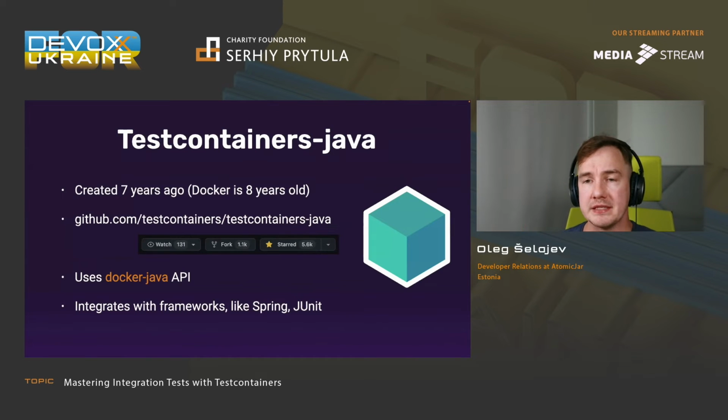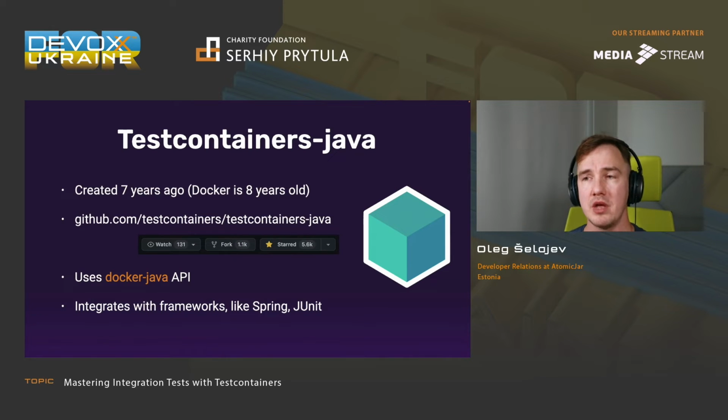Testcontainers Java is a very, very mature project. It was created 7 years ago. And if that doesn't sound like ages ago in Java years, well, how old is Java? 26, 27 maybe years old now. But for comparison, Docker was created 8 years ago.